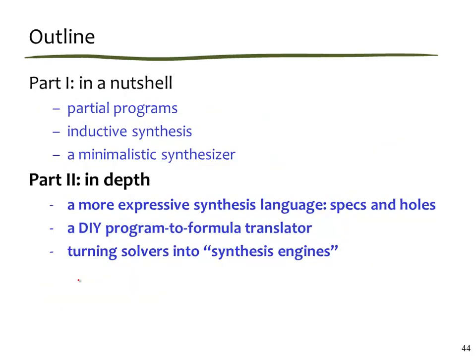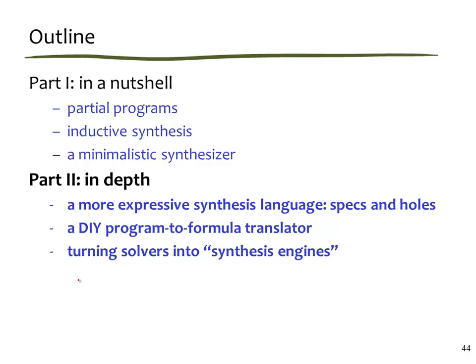Okay, so we'll start with the second half. We have about 30 minutes to go, and we'll talk about certain important questions in depth. The first one is, well, the language we showed you with integer holes is clearly not quite satisfying, right? So we'll see how to make it more general and also how to write specs.